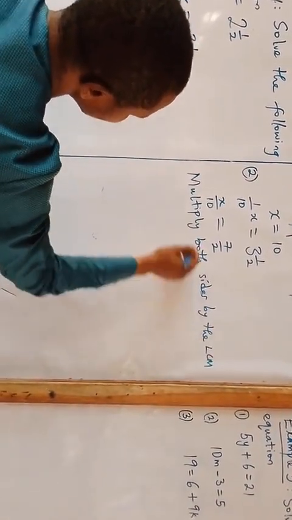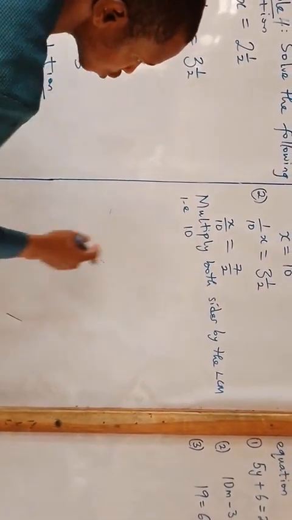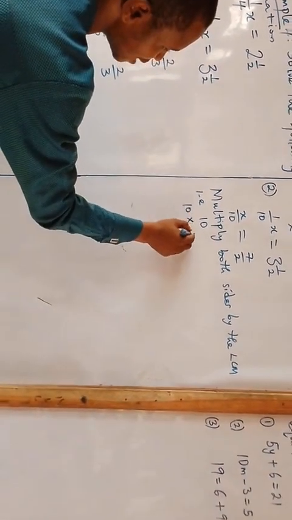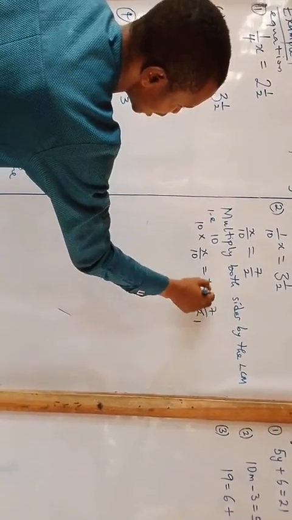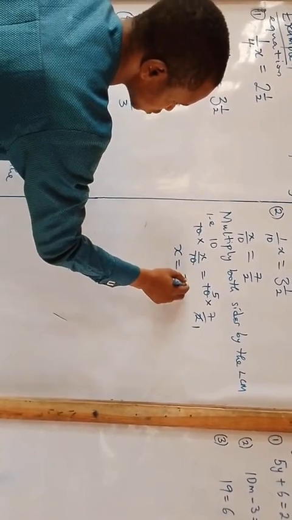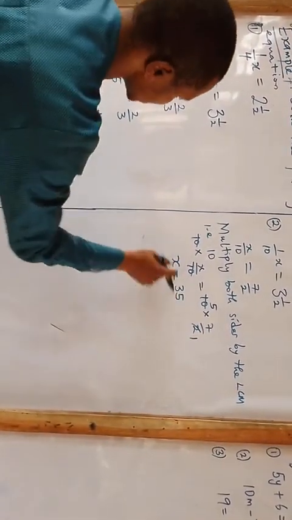And don't forget that the LCM of 10 and 2 is also 10 because 2 can go in 10 successfully. So we are going to have 10 times x over 10 is equals to 10 times 7 over 2. 2 here 1, 2 here 5. 10, we eliminate 10, so we are going to have x is equals to 35, since the product of 5 and 7 will give us 35.